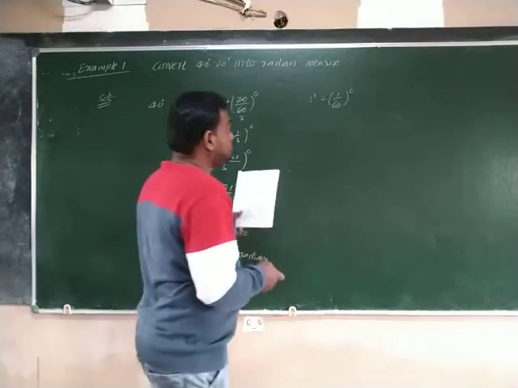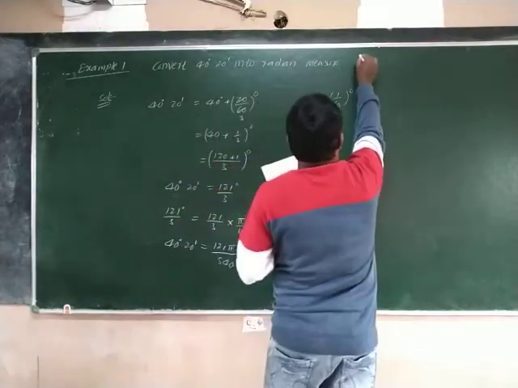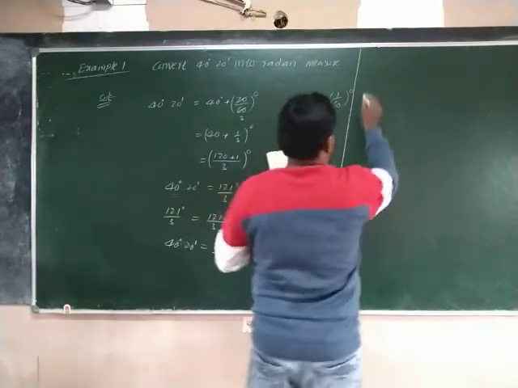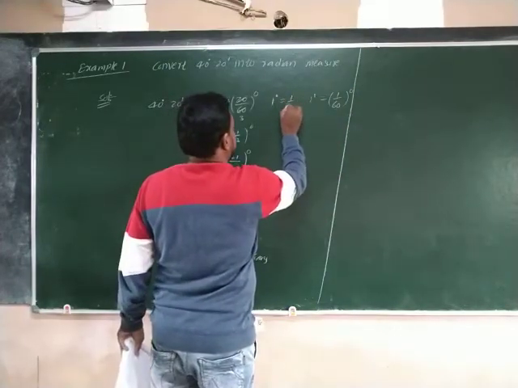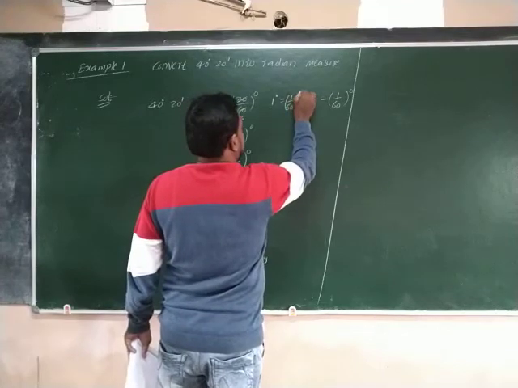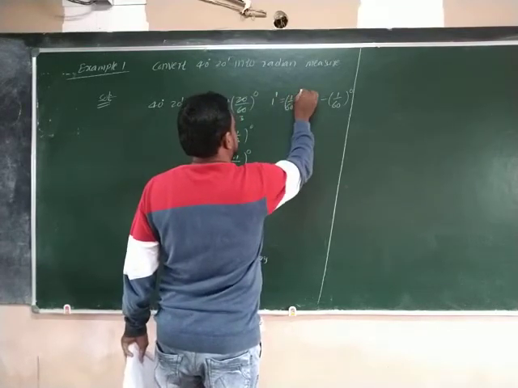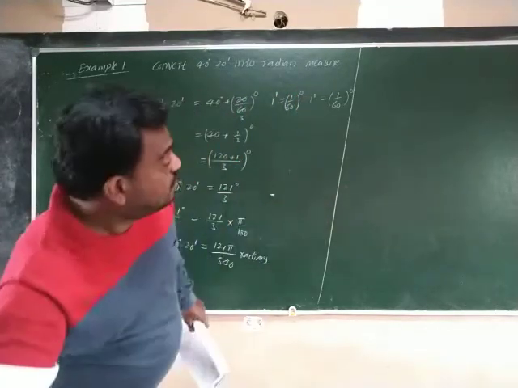Okay, next question. Remember, 1 minute is equal to 1 by 60 degrees.